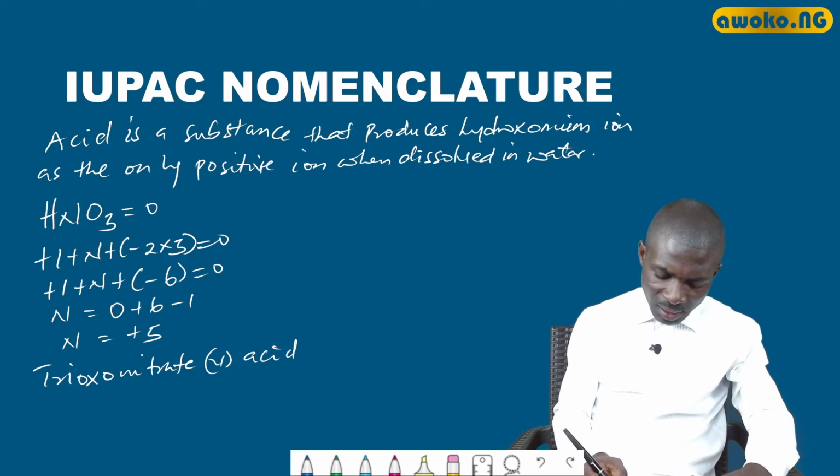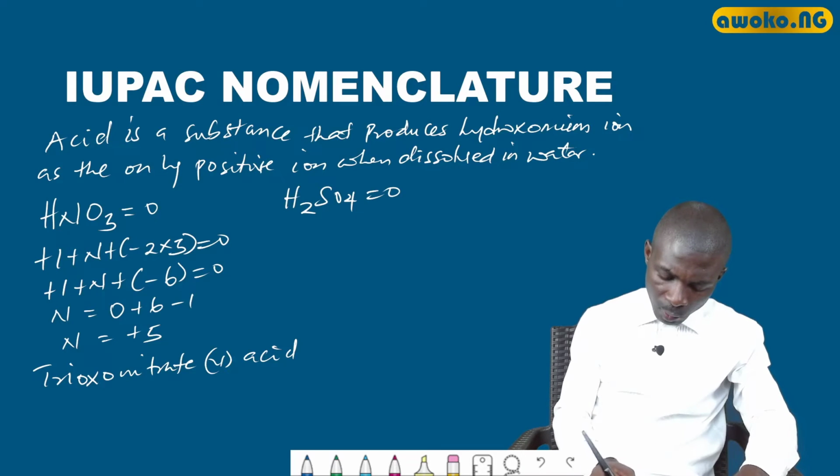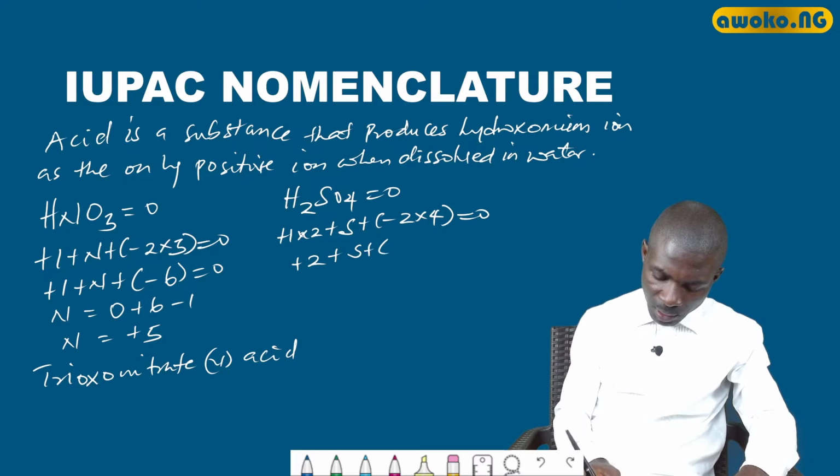Okay, now let's have another example of an acid: H2SO4 equals 0. So we have +1 multiplied by 2, plus S, which is sulfur, our central element, plus -2 multiplied by 4 equals 0. So we have +2 plus S plus (-8) equals 0.